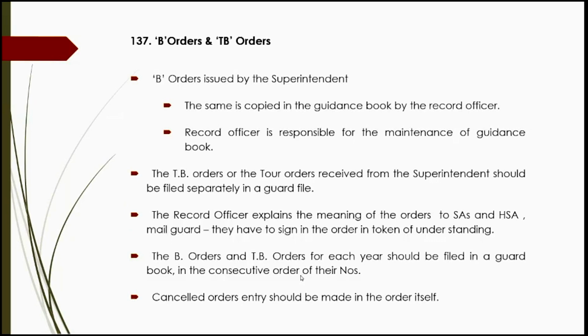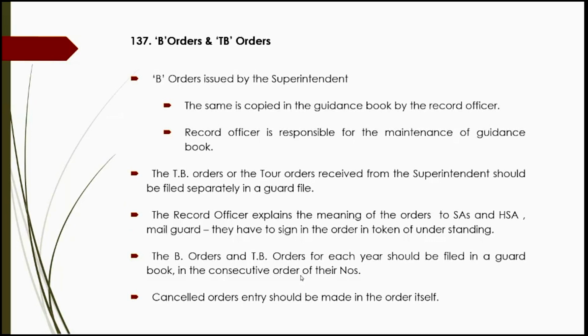A order contains, like we saw that the sorting list contains particulars of mails that have to be sorted and closed. So A order contains changes regarding the sorting list. So the sorting list has been issued, but there are some changes to that sorting list. For the sake of those changes, the entire sorting list will not be revised.